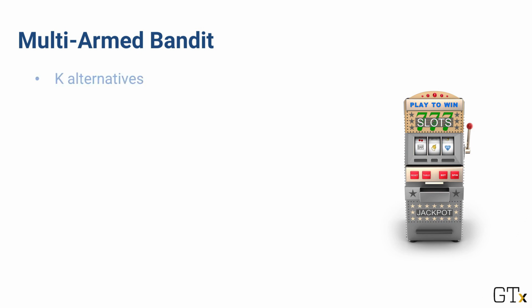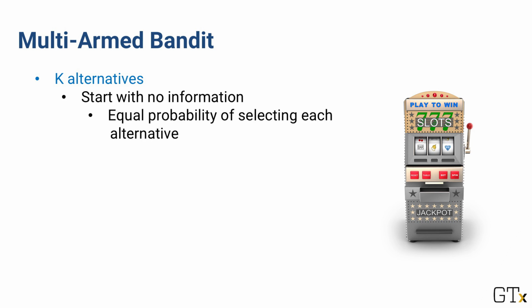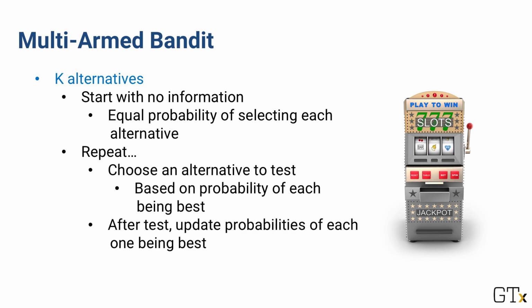Suppose we're testing k alternatives. We start without any information, so each alternative seems to have equal probability of being best. So for the first test, we have an equal probability of selecting each alternative. After performing some tests, we've gotten more information, so we can update the probabilities of each one being best and start assigning new tests according to those probabilities.